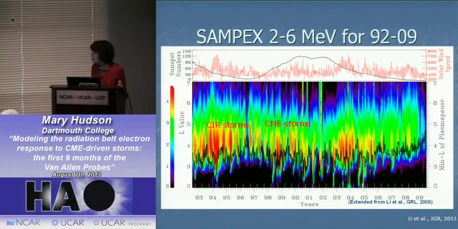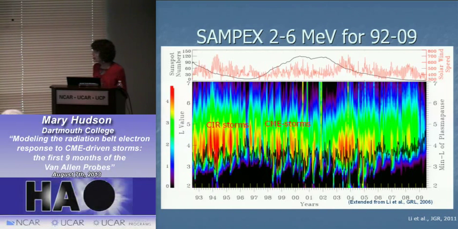And so in this earlier version, then I have marked the time period from the declining phase of the 90-91 solar maximum, where you see high-speed streams indicated at the top. These are CIR-driven storms that are responsible for this significant flux enhancement that you see in 30-day averages.